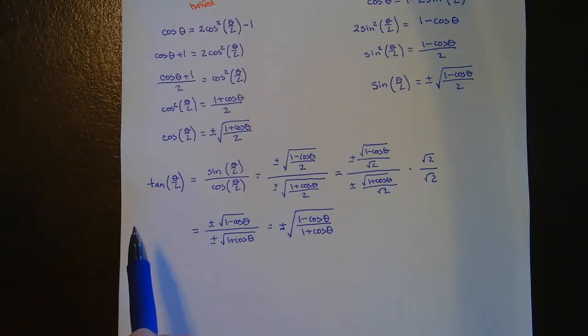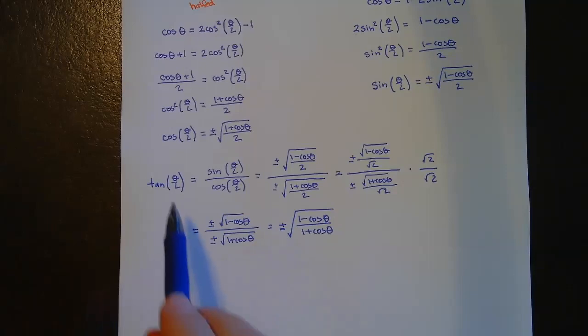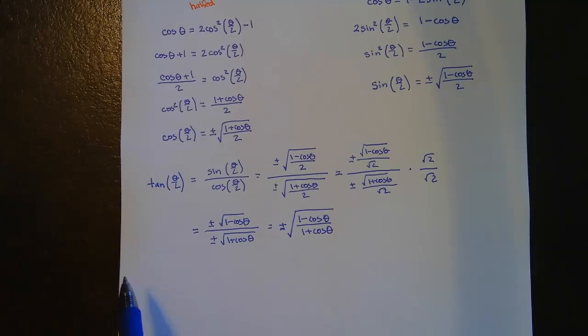If theta over 2 was in the second quadrant, tangent's negative in the second quadrant, so we pick the negative one, right? If theta over 2 were in the third quadrant, the bottom left, in that quadrant, tangent is positive because it's negative divided by negative, and so we'd pick the positive one, okay? And if theta over 2 were in the fourth quadrant, then we'd pick the negative one, because in the fourth quadrant, tangent is negative, okay? Hopefully you understand that, all right?